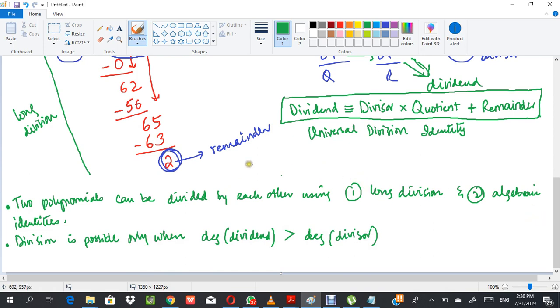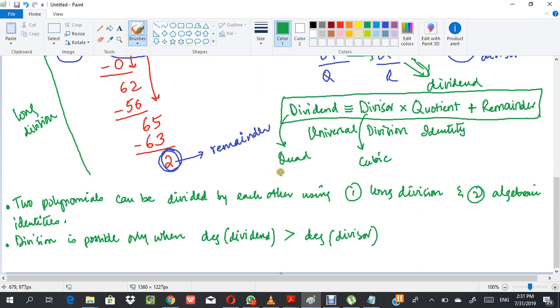Alright, this means that if I have a quadratic polynomial as my dividend and maybe a cubic divisor, division cannot take place. Why? Because according to the second law, the dividend has to have a higher degree than the divisor. So this division is not possible. Why?